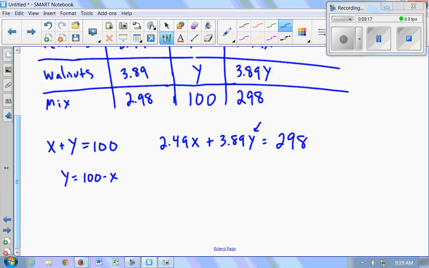So instead of Y right here, I'm going to put 100 minus X because they are equal. They're the same. So I'm going to make a substitution. So I have 249X plus 389 times 100 minus X equals 298. And then we just got to solve this equation for X. So I'll distribute my 389.